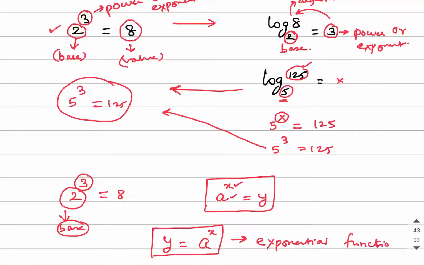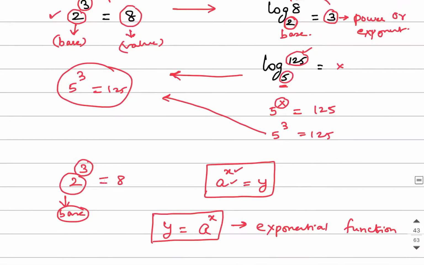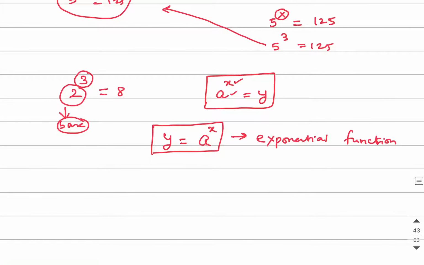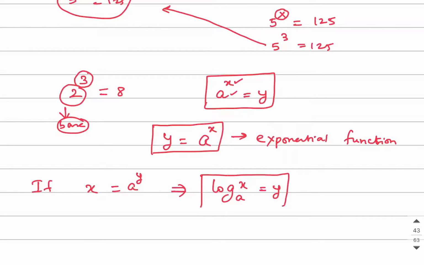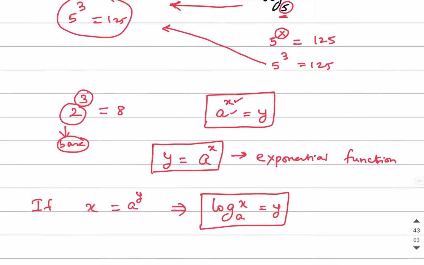So the definition comes from the basics of exponents only. In a similar way, as I told you, exponents and logarithms are inverse operations of each other. If I say x is equal to a power y, then how can I write it in the logarithmic form? Log of x base a is equal to y. Can I write it like this? Right, that is what we have done here.